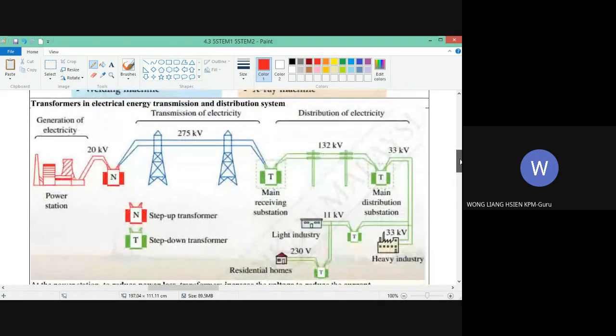After that is the transformer in the electrical energy transmission and distribution system. This is very important. The energy transmission and distribution system is only possible because of the transformer.